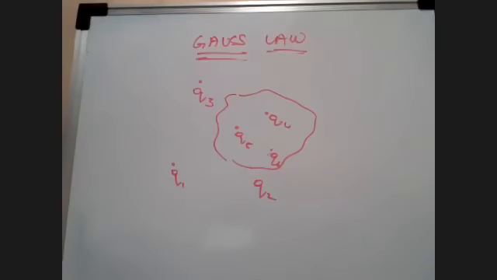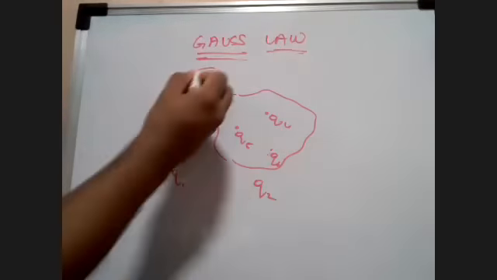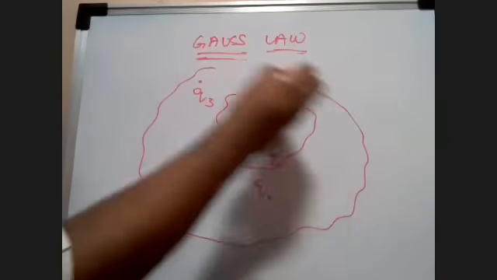So the definition tells you the surface integral of the electric field due to all the charges, both inside and outside, over any closed surface is 1 by epsilon naught times the net charge enclosed by the surface. You are taking a Gaussian surface around this area.